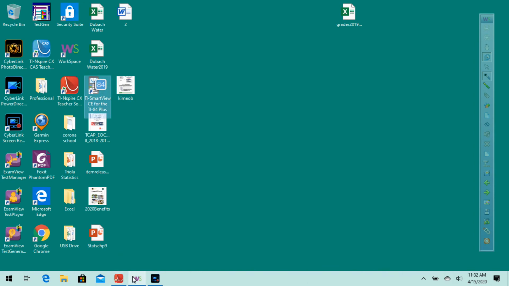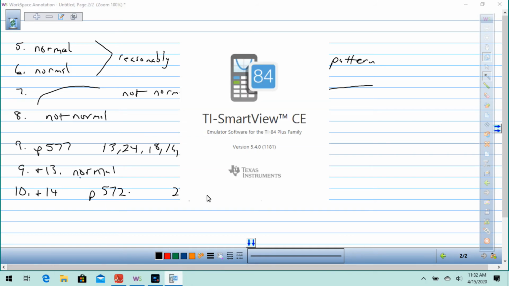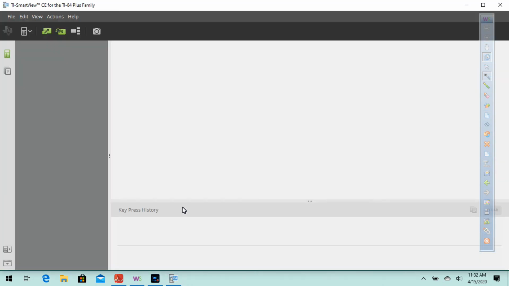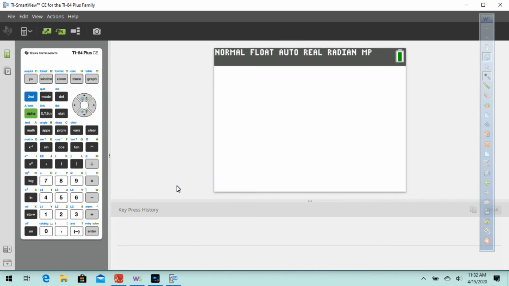Let's kick that up. Here it comes. There's a little bit of difference between the 84 and the Inspire.